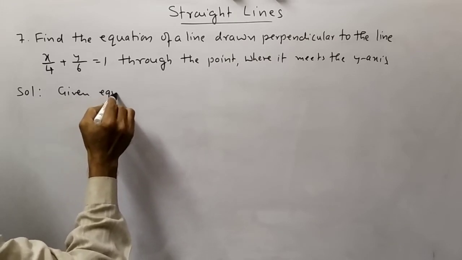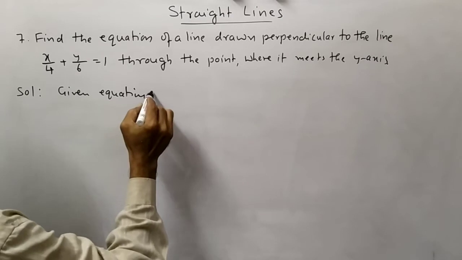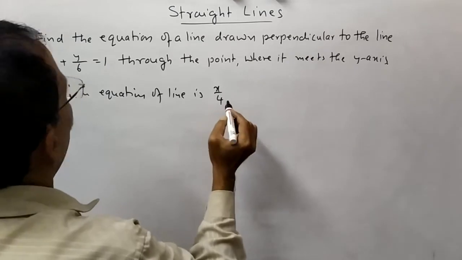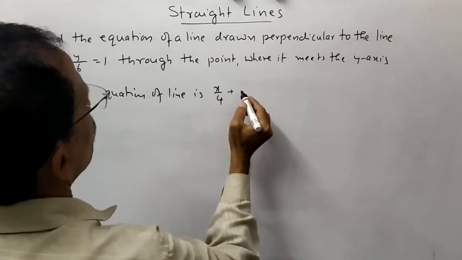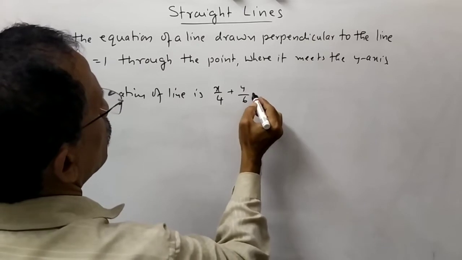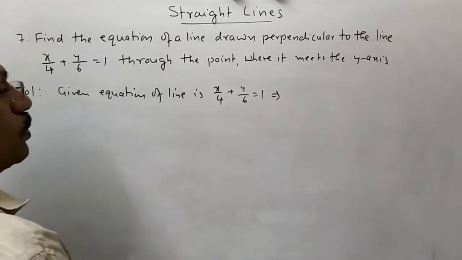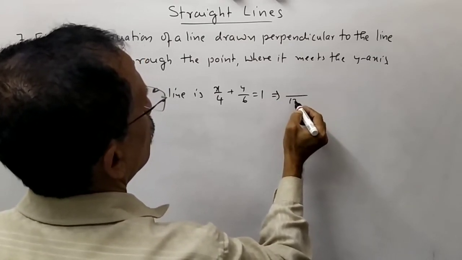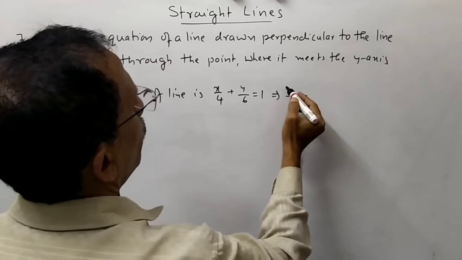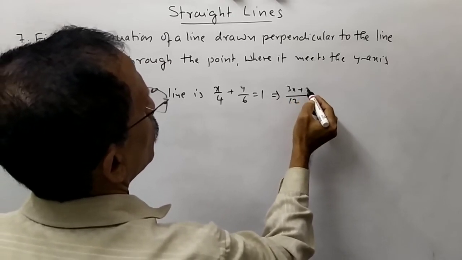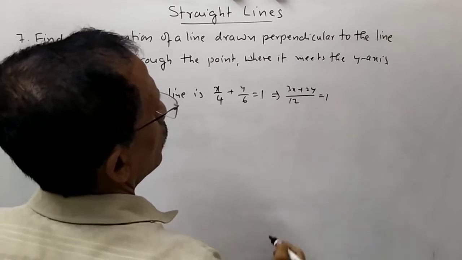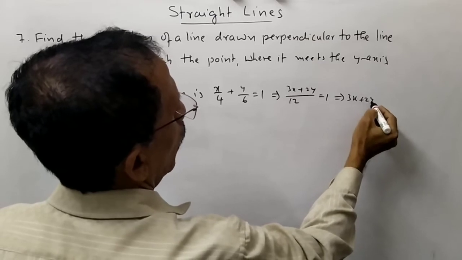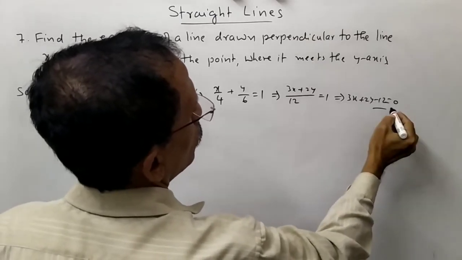Given equation of line is x by 4 plus y by 6 is equal to 1. This implies when you take 12 as LCM, then 3x plus 2y equal to 12. This implies 3x plus 2y minus 12 is equal to 0. Say number 1.